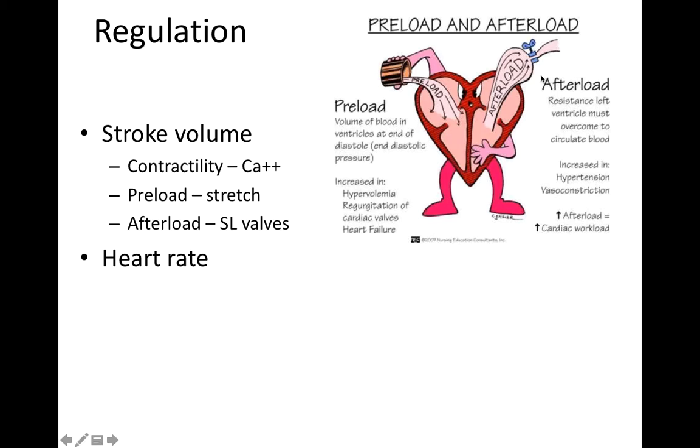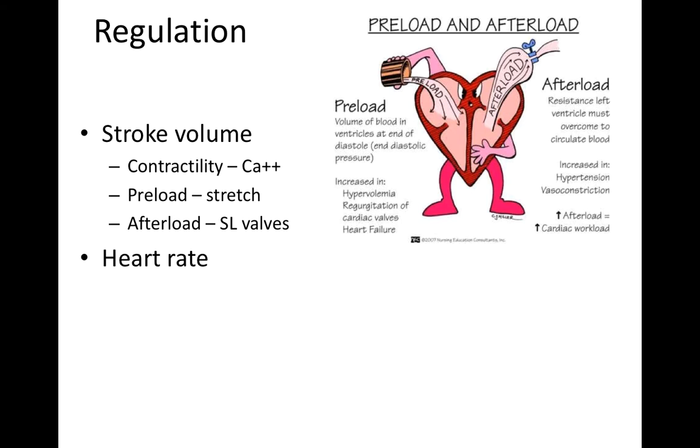Afterload is the amount of pressure that is being applied to the aortic valve from the blood sitting on top of it. If you picture the aortic arch and you picture the ventricle contracting, it's going to be pushing on that blood, and that blood's going to go out into the aortic arch. But then you get to the peak of the contraction, and the ventricle begins to relax. There's going to be a closure of that semilunar valve, and whatever blood didn't make the arch, gravity is going to pull it back down, and it's going to sit on top of the valve.